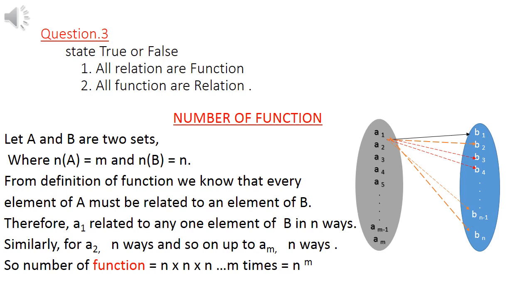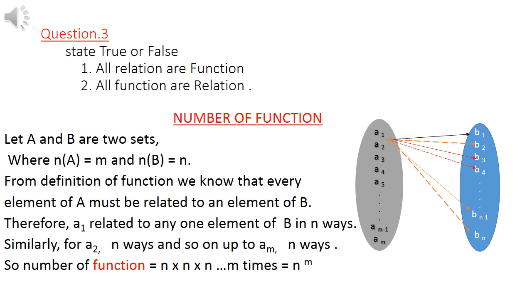A1 can be related with B1 or B2 or B3 up to Bn. Then A1 can be related to any one element of B in how many ways? n ways. Similarly, A2 is related in n ways, up to Am is related in n ways.